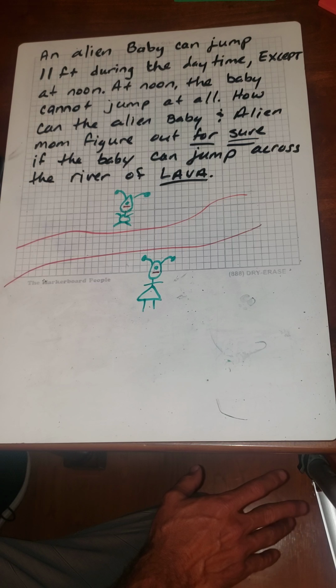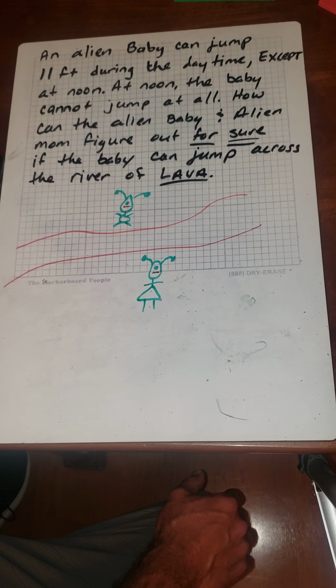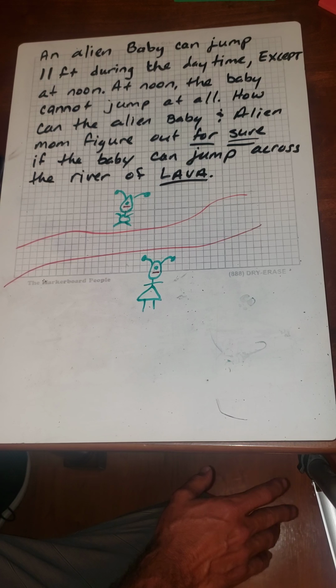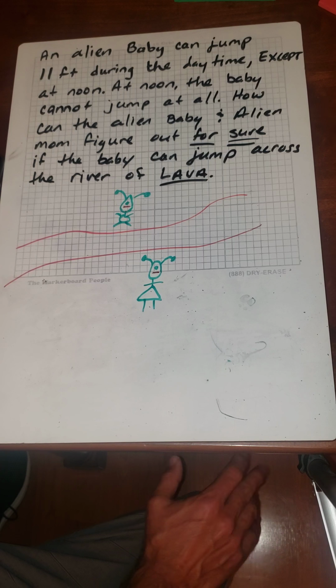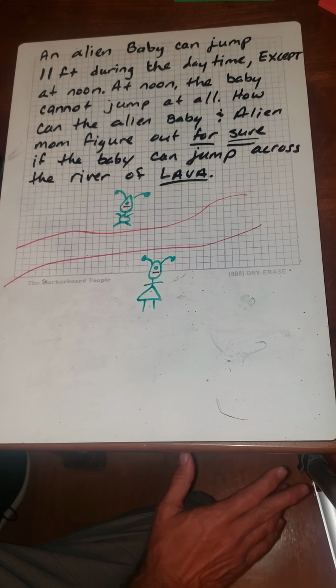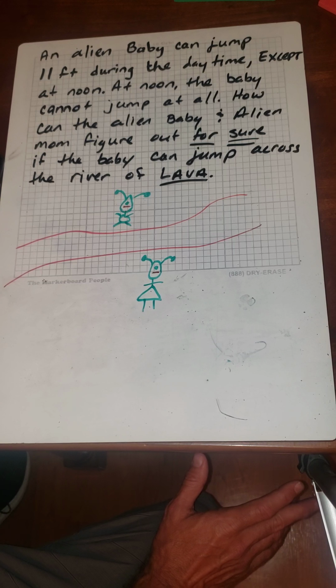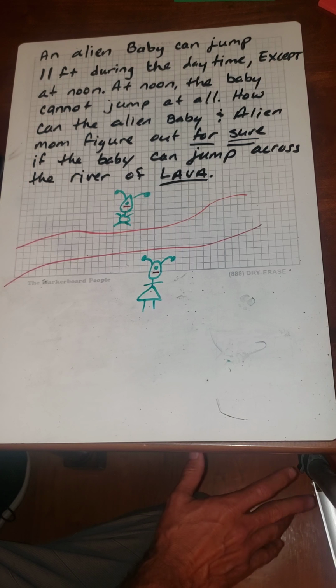What you might have noticed is that I talk about the time of day for some reason. I say he can't do it at noon. So why wouldn't the baby be able to jump at noon? Or what does noon have to do with anything? Well, if you think back to the last problem that we just did about the shadows, the shadow at noon potentially would be going straight down, and you can't see a shadow.